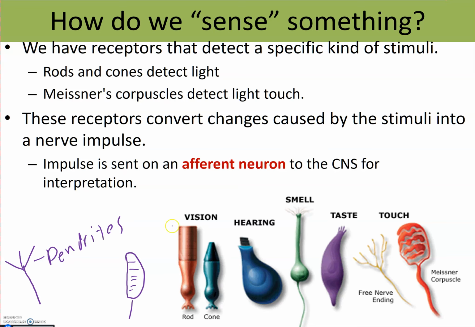Now over here we have a cone, which lets you see vision. Over here we have a hair cell, and it has these little tiny stereocilia that detect vibrations that lets you hear the latest Taylor Swift song. So they can be very simple or very complicated. What they share in common is they always send an impulse on an afferent neuron to the central nervous system.